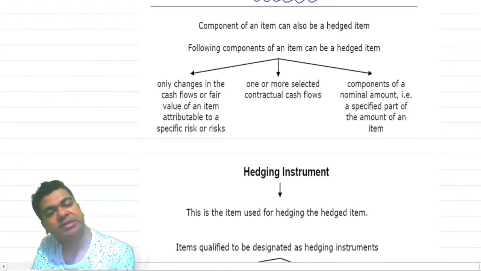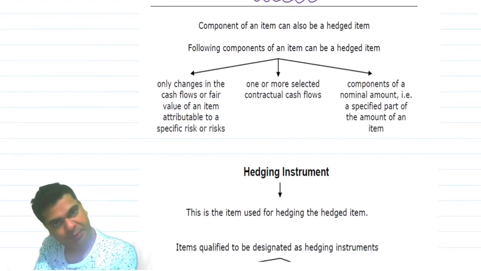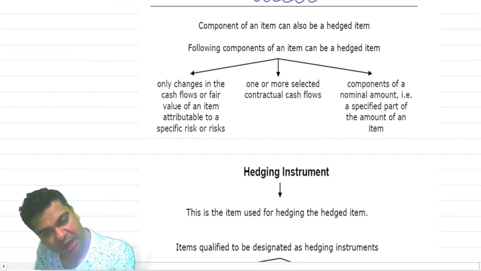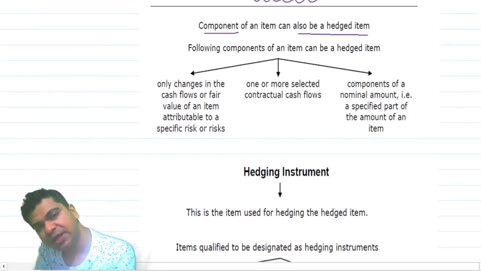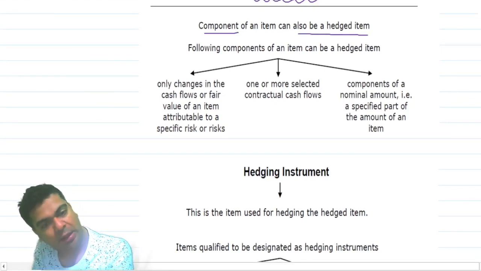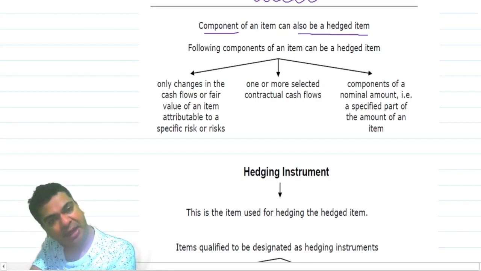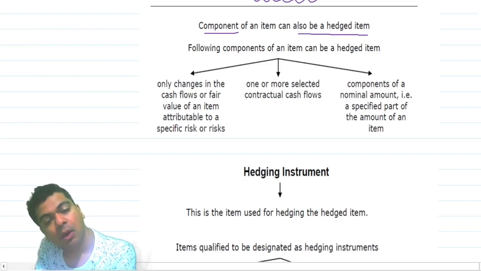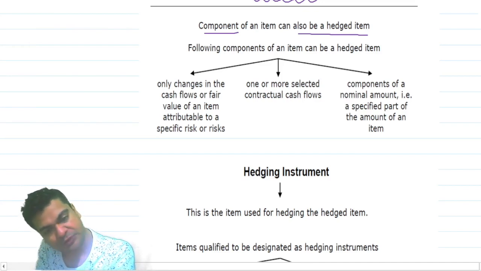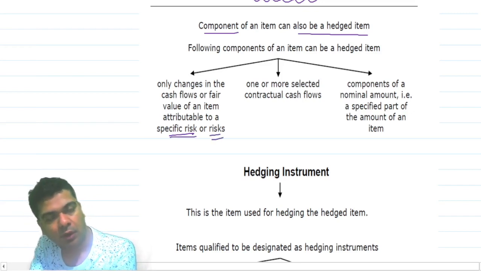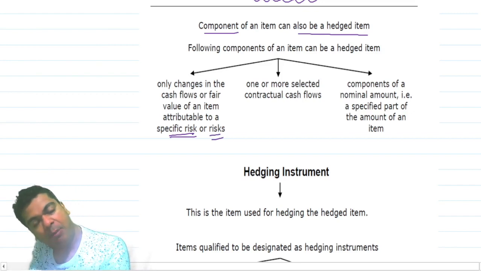Again, it is not necessary that the entire item should be a hedged item. Even a component of an item can also be a hedged item. They are saying the following components of an item can be a hedged item. Which components can become hedged items? They are saying only changes in the cash flows or fair value of an item attributable to a specific risk or risks. Right? For example, I have borrowed money.